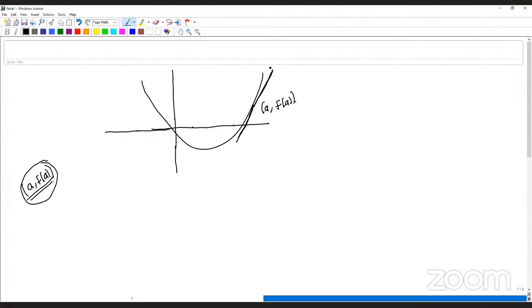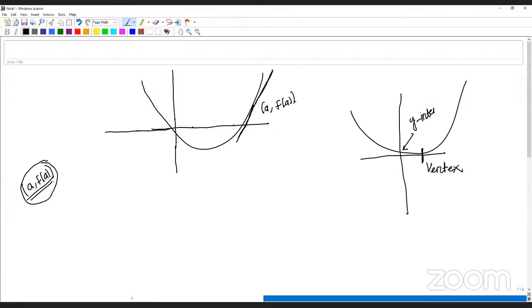But in question 1, it's saying something else. You have a parabola and you have the vertex here. You have the y-intercept here. It's basically asking what is the equation of this line.